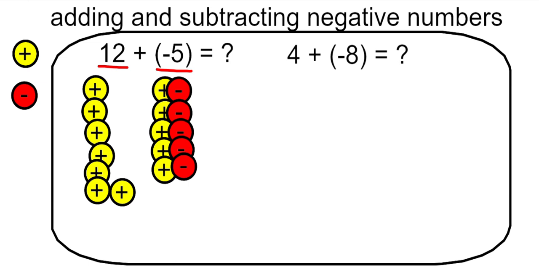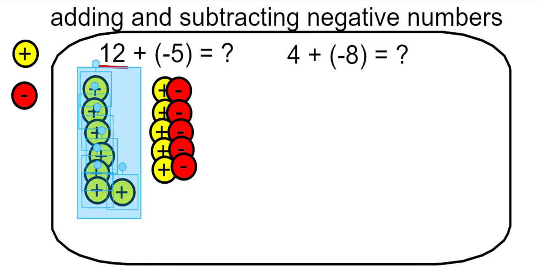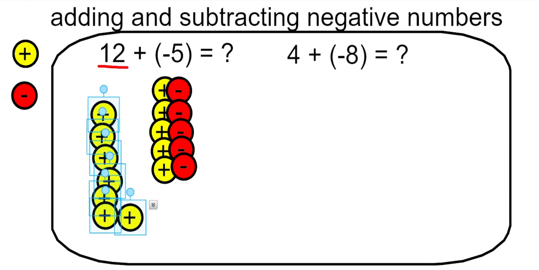So instead, I don't count any of my zeros. I leave my zeros all by themselves. So the question is, what am I left with?